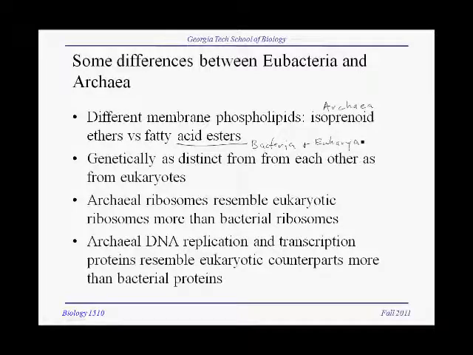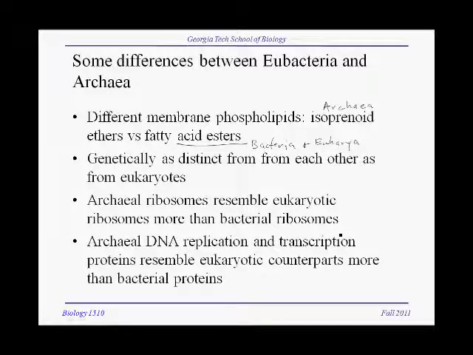When we look at their DNA, the sequences of the genes, what we see is that the bacterial and archaeal DNA are as different from each other as each is from eukaryotes.